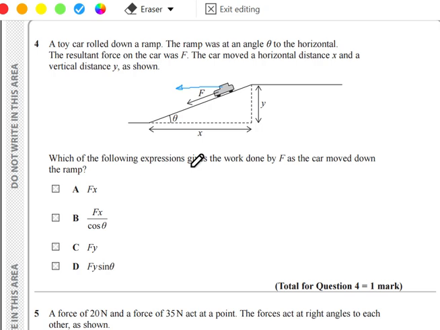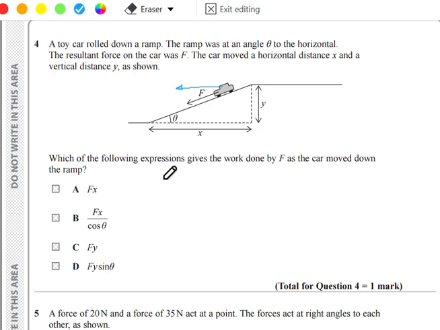But as this angle is theta, the horizontal component will be F cosine theta, and when you multiply by x, it will be x F cosine theta, which does not exist here in the choices.